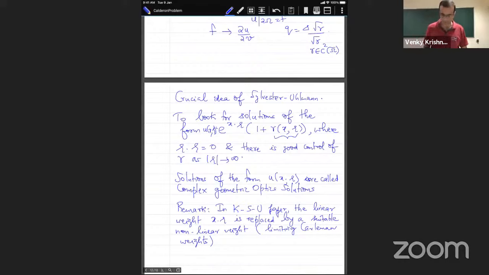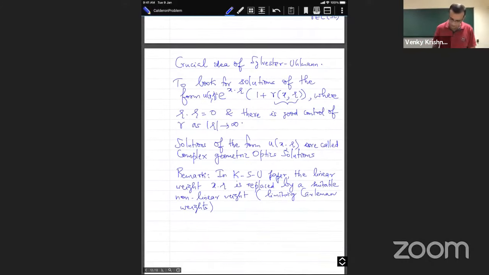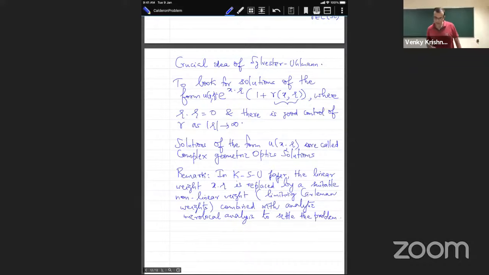They use very sophisticated analytic microlocal analysis to settle the problem. We are not going to do that. We are going to focus only on the linear weight, which is x dot zeta. Now let us see how the proof proceeds.